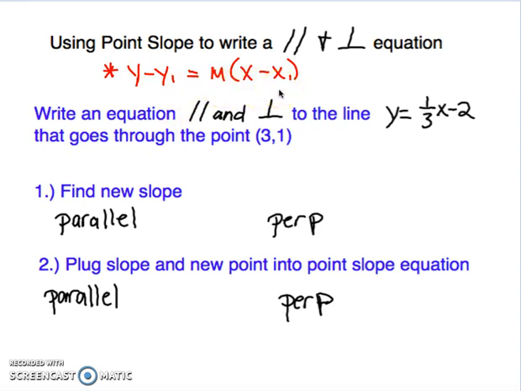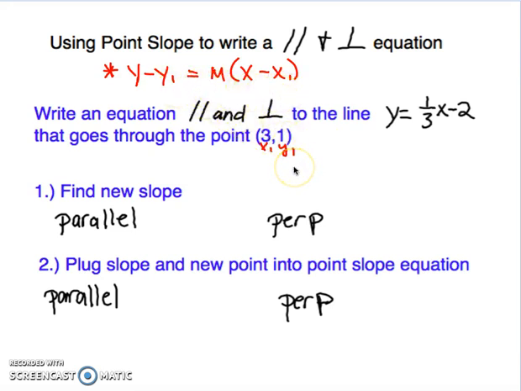So this equation says write an equation parallel and perpendicular to the line y equals 1/3 x minus 2 that goes through the point 3, 1. This point that you're given is your x1 and y1. Notice there's an x1 and a y1 that you're given and an x1 and a y1 in the formula.